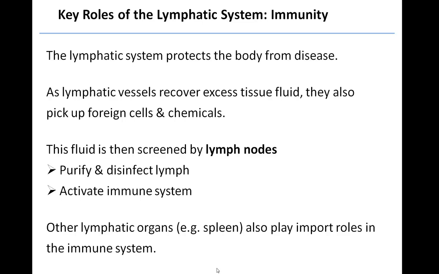In structures such as the lymph node, the lymph can be purified and disinfected, and immune responses can be activated against potential pathogens. So what I'll do now is start talking about this role of the lymphatic system in immunity. I'll talk about lymph nodes, lymphoid cells, and also other lymphatic organs such as the spleen and their roles in the immune system.